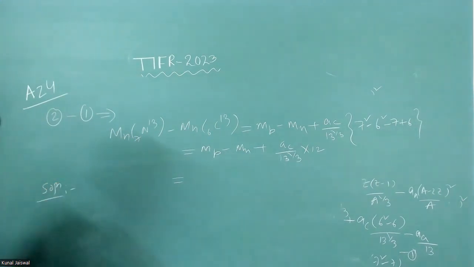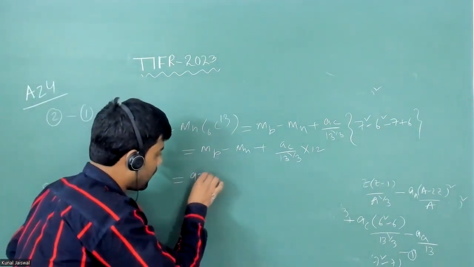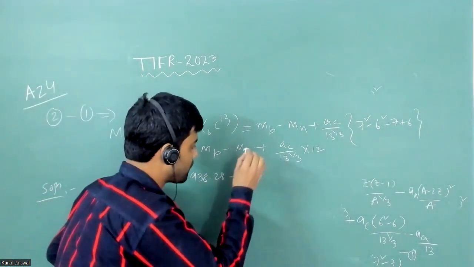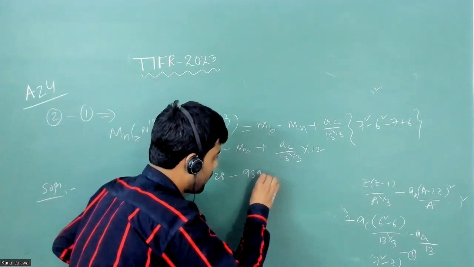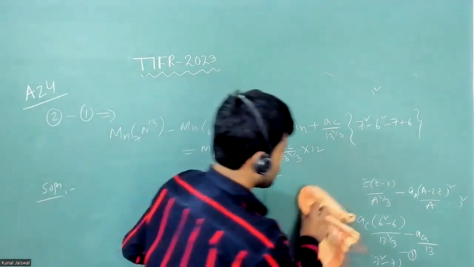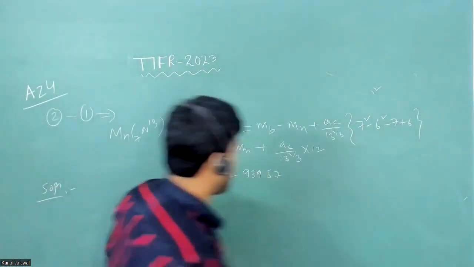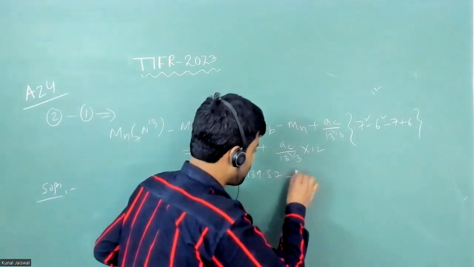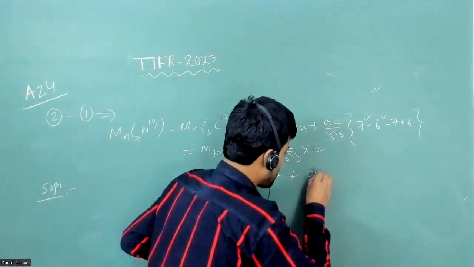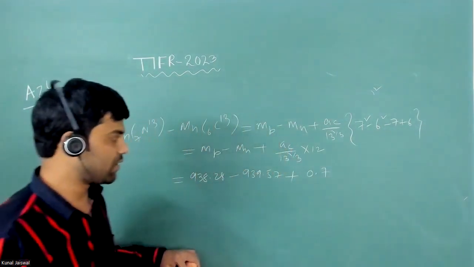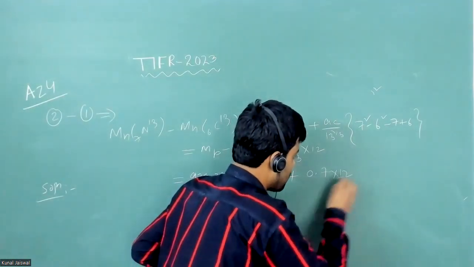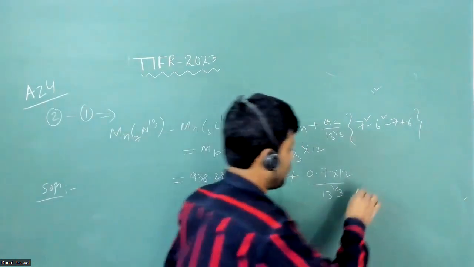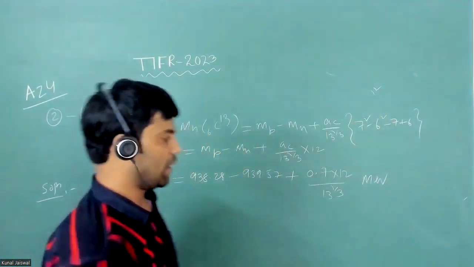As a result, the mass of a neutron is slightly higher than that of a proton. Now, substituting the actual masses, the proton is 938.28 MeV and the neutron is 939.57 MeV, all in units of mega electron volts. Then AC is 0.7 MeV, times 12, divided by 13 to the power 1/3.